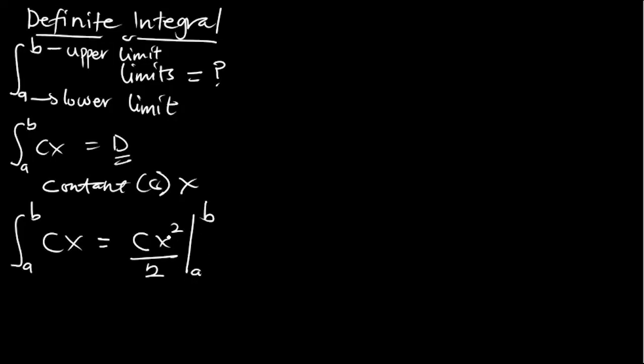So now I have to put in the limit at the position of the x and evaluate this function. So this is what we are going to do, which is equal to, always, the upper limit minus the lower limit.